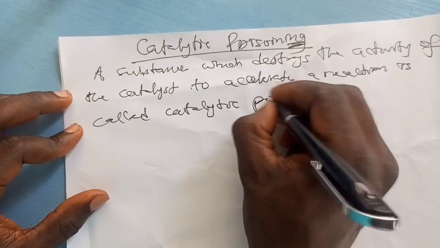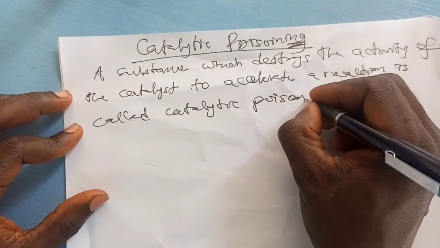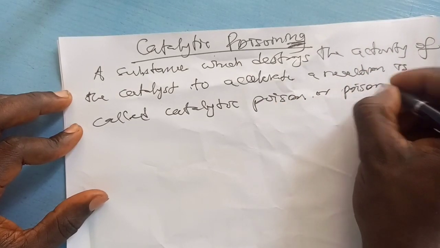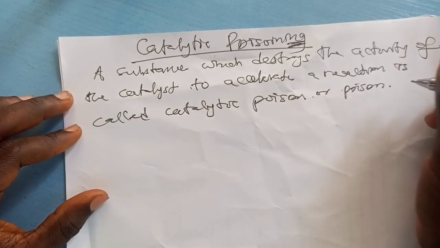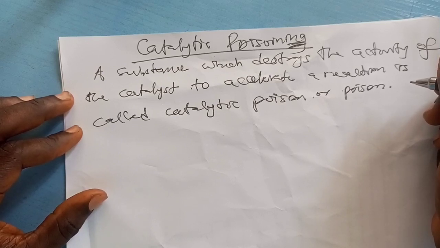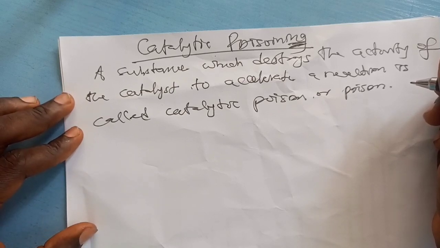Catalytic poison, or simply poison. When you take a poison, you know what it does. The poison does not favor you in your stomach, does not favor the biochemical reaction taking place in your body. Poison rather destroys, it kills the activity of the catalyst.